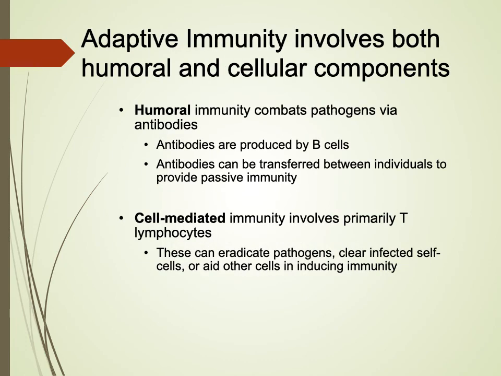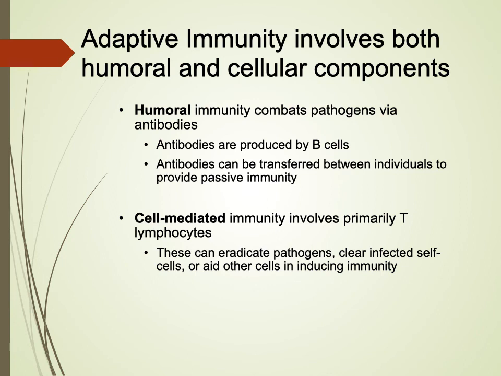As I mentioned with adaptive immunity, we have both humoral immunity and cell-mediated immunity. Humoral immunity is where the pathogen is recognized by antibodies, which are produced by B cells. Antibodies can be transferred from individuals to provide passive immunity.